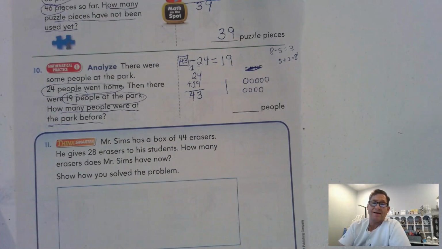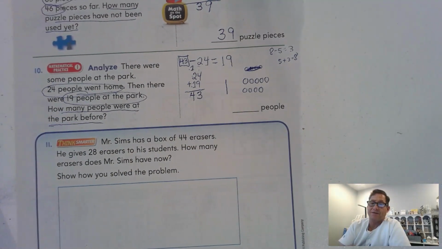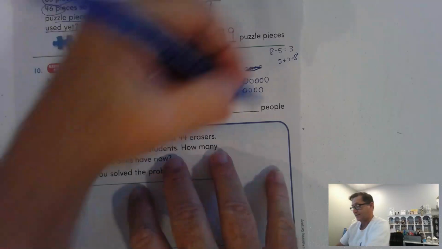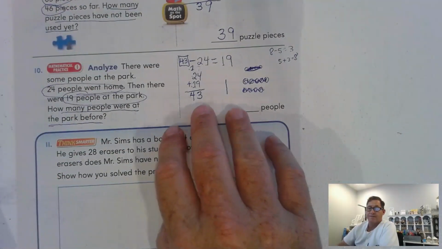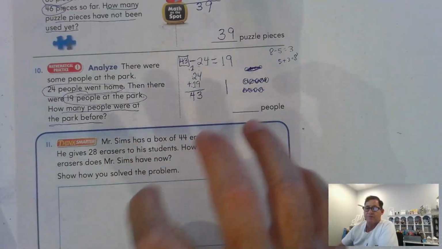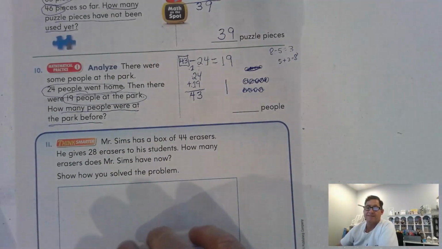Okay, I think that might actually be a little more confusing to you. I'm going to stick with showing the addition problem. That to me is an easier way for you to solve this problem at this time.